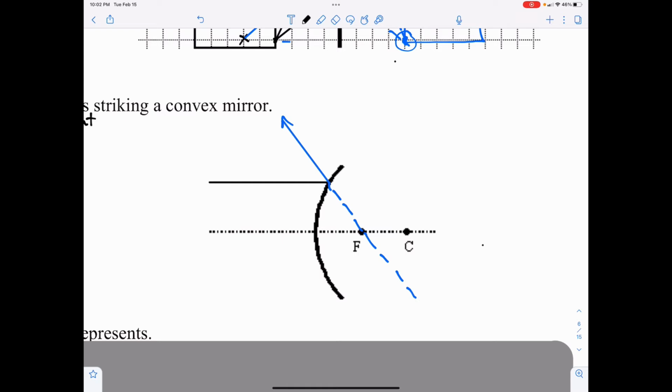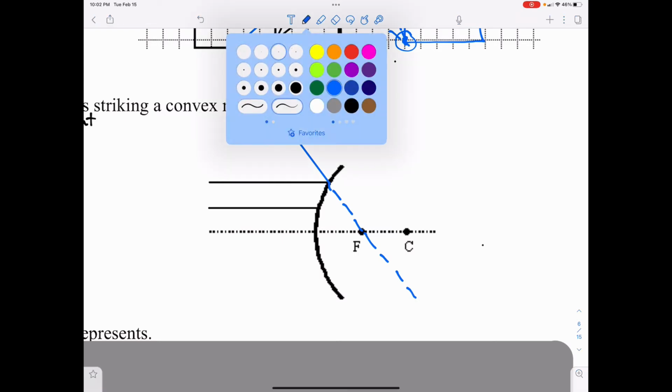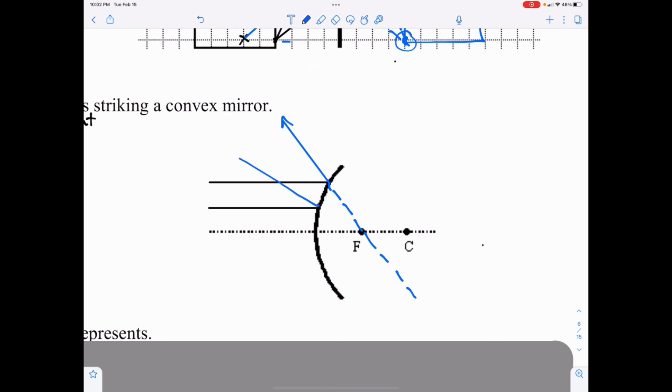So if I do another one, a parallel ray comes in like this. My reflecting ray is going to go off at an angle about like that, so that the back ray extends through my focal point. If I have a parallel ray coming in at this angle, it will reflect off at an angle like this, such that a back ray would pass right through.